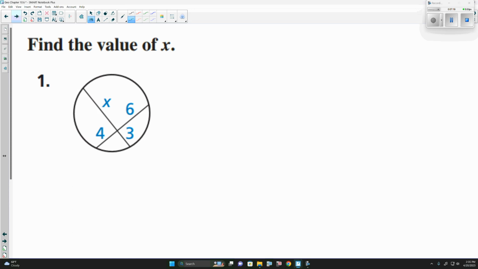Most likely. Now, when we talk about this theorem here, x and 3, if we multiply these two lengths together, so x times 3, will have the same value as 6 times 4.